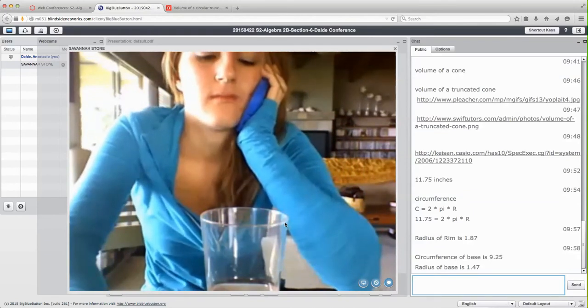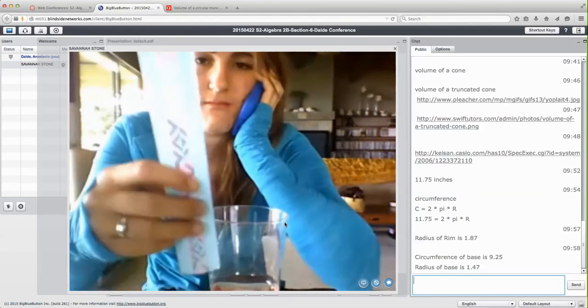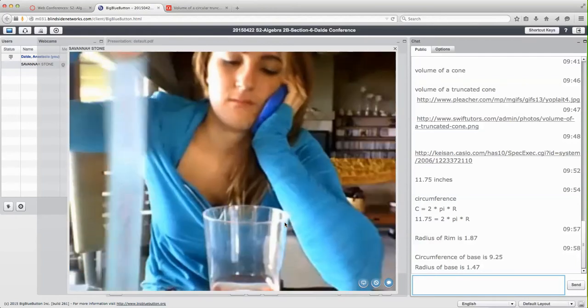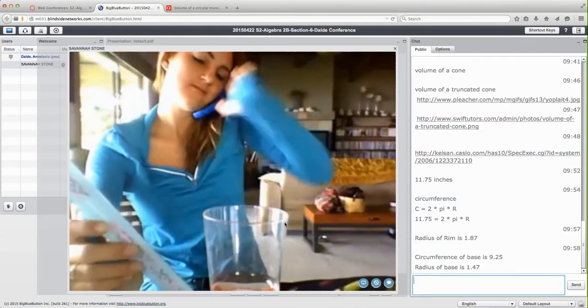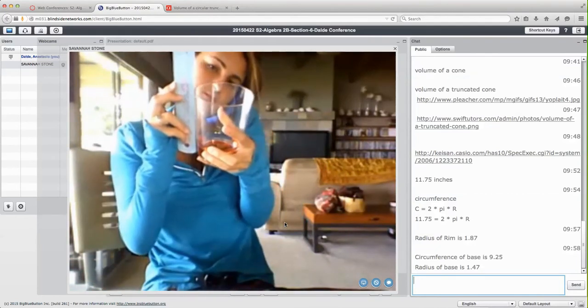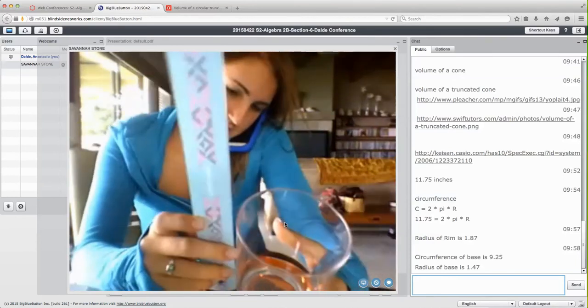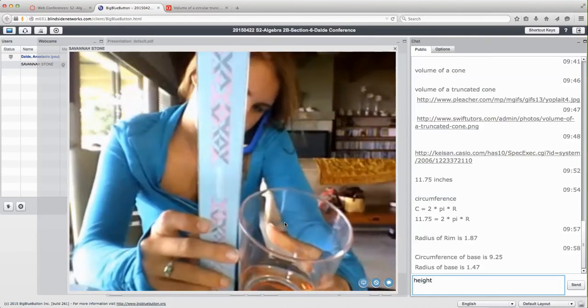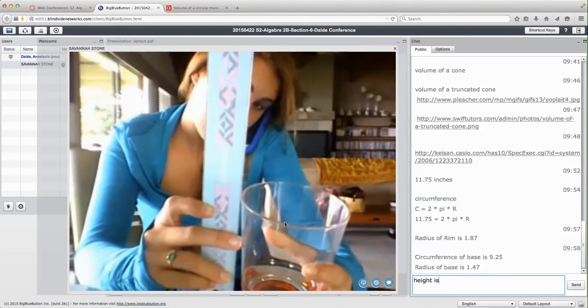Measure the height. What's that number? About 4.75.